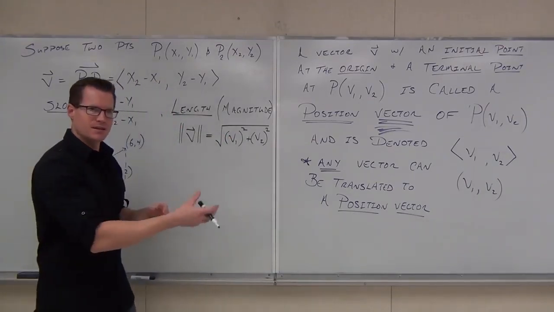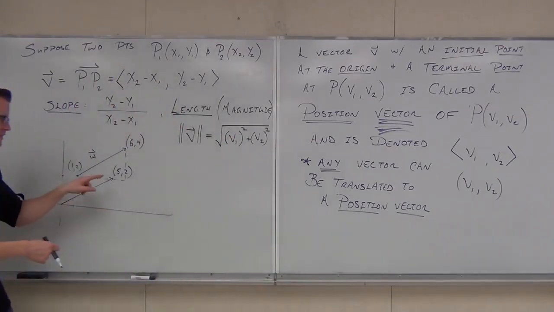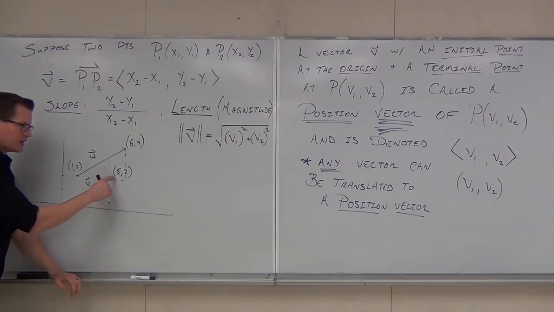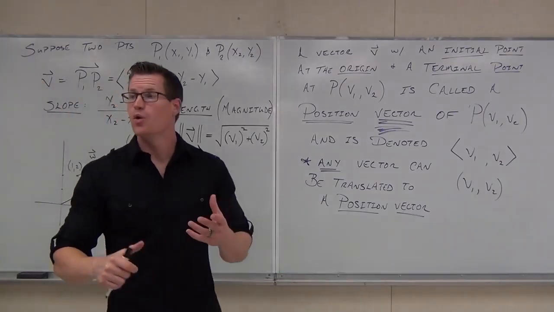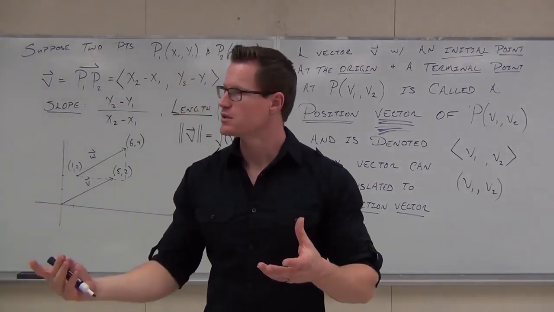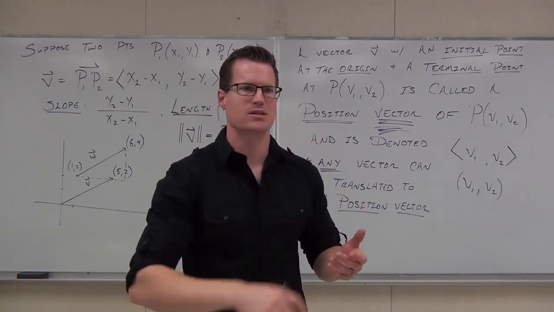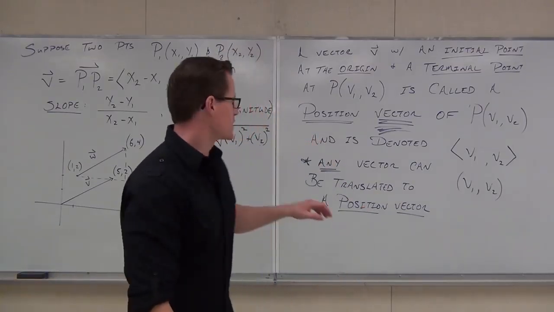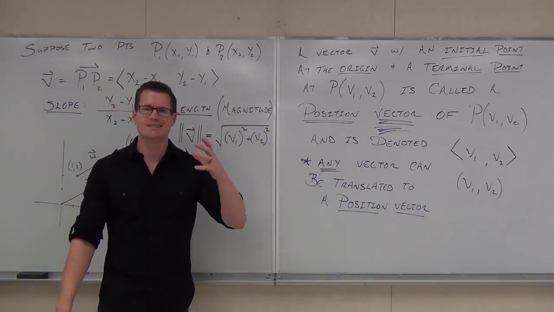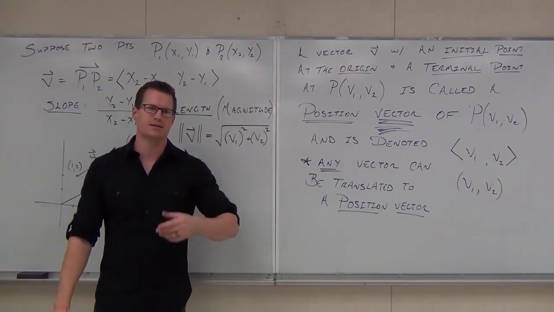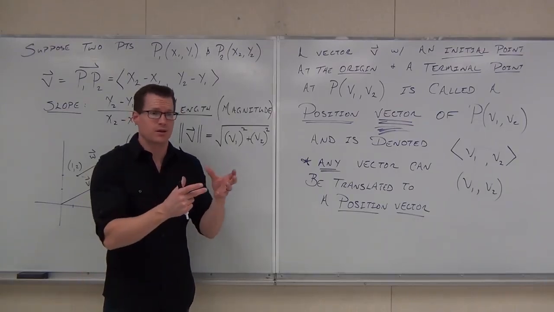So if I did the distance formula with any position vector, check this out. It'd be 5 minus 0. It'd be 2 minus 0. So when we're talking about magnitude, we love talking about position vectors because if one of those points is 0, it makes our lives easier. This is how we find magnitude. It's really easy. Take the numbers, square them, add them, take the square root. It's the distance formula, but you always get 0, 0 for that initial point. It's really nice.